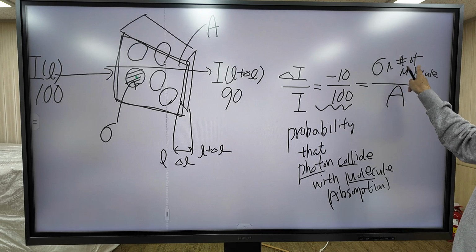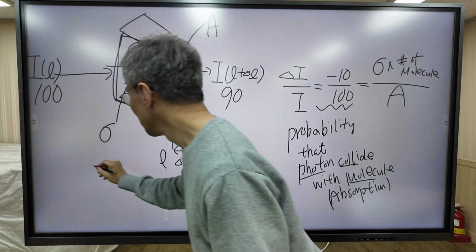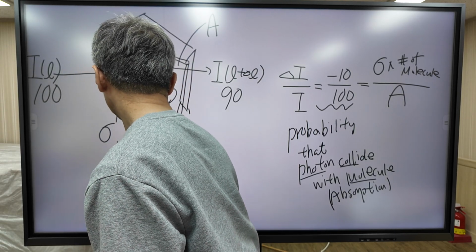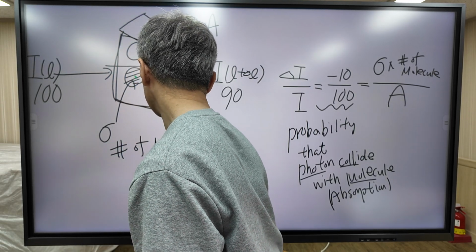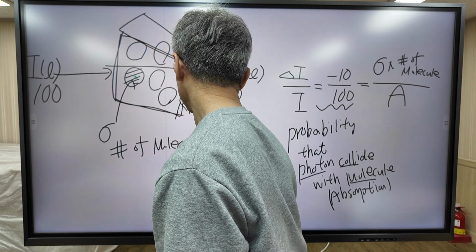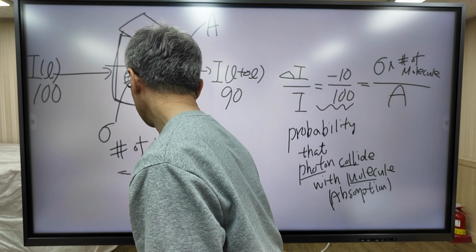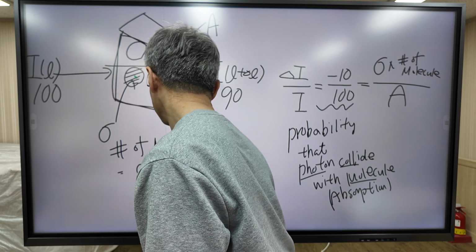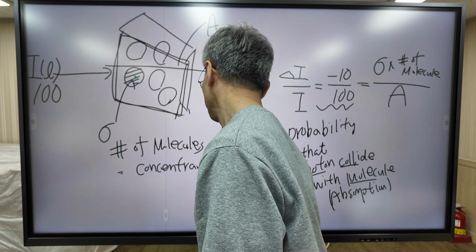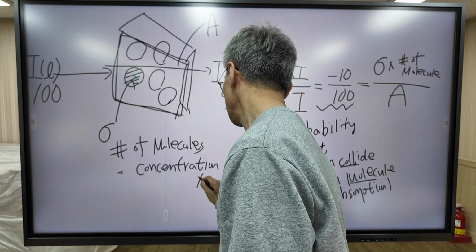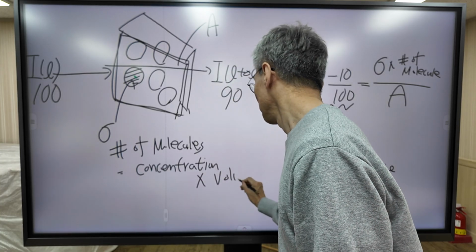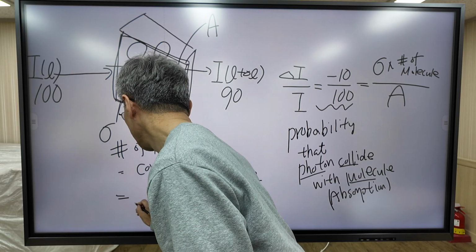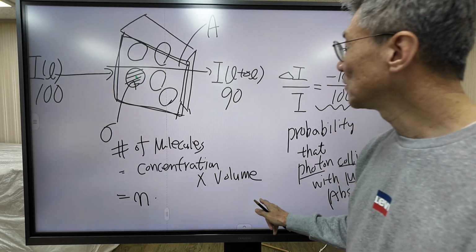How can you calculate the total number of molecules? The number of total molecules in the slab equals the density or concentration times volume. Right? The concentration we call N. What is the volume?